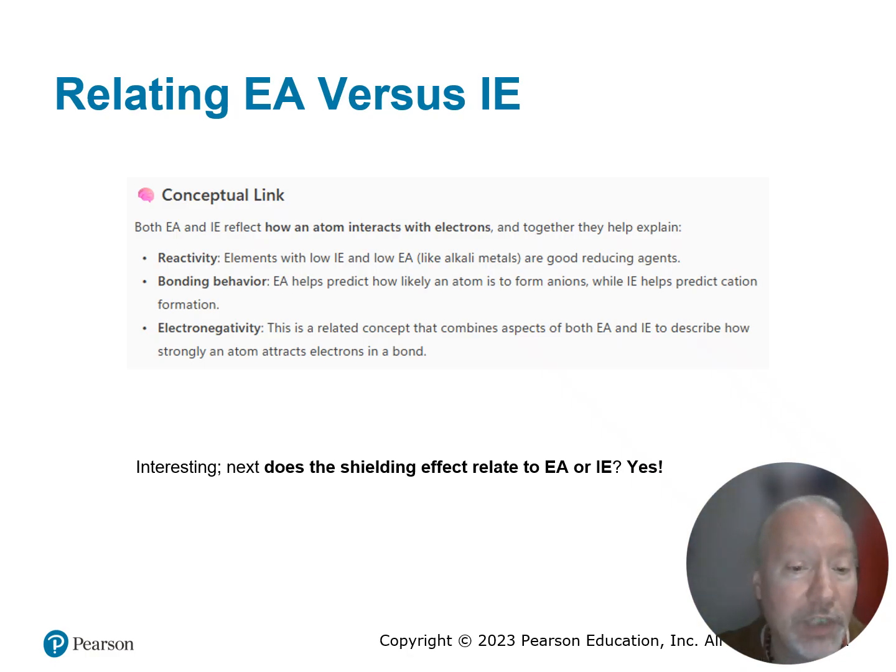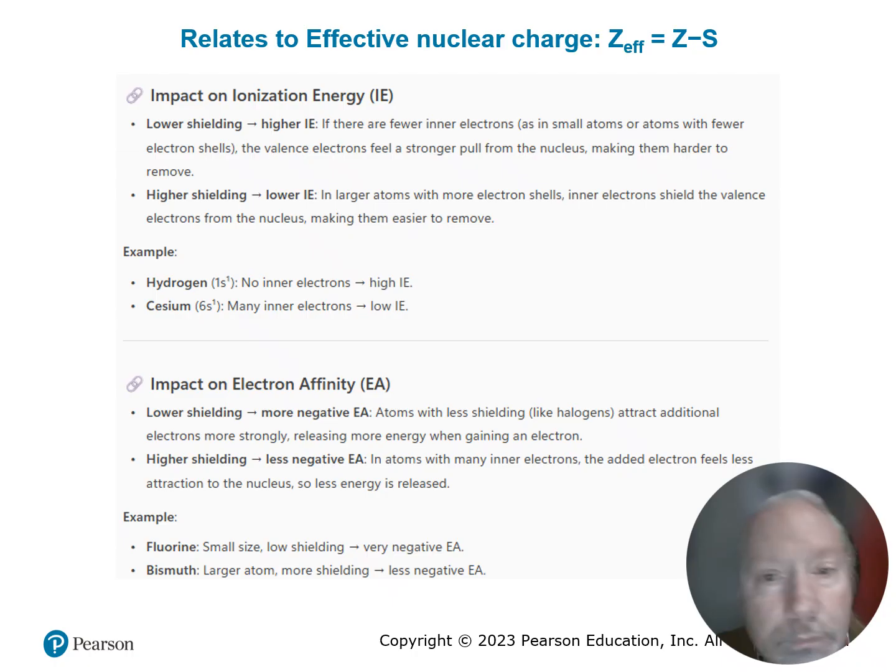The shielding effect is the core electrons blocking the effect of the protons on the outermost electrons, which are the valence shell electrons. We talked about this: the effective nuclear charge equals the atomic number minus the shielding constant, which we have to look up.